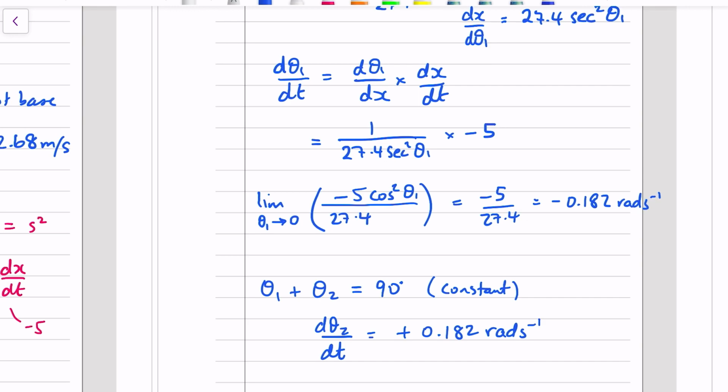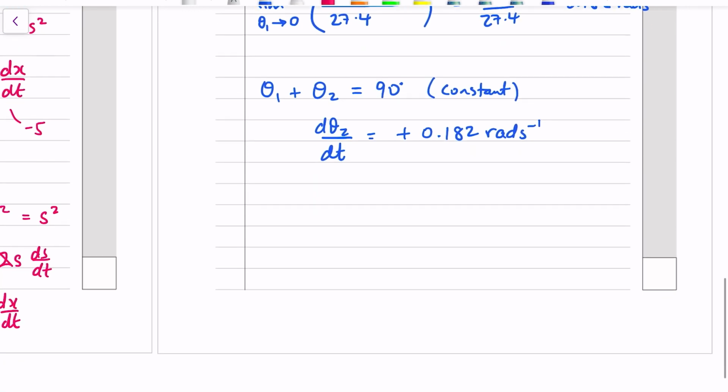There is an alternative way of solving this problem, but it requires a little bit of knowledge outside of the NCEA curriculum. But if you started off with the tan inverse expression, a similar function as I had before for part I, the opposite distance, x, is 17.4 minus 5t, and we're dividing it by 27.4.